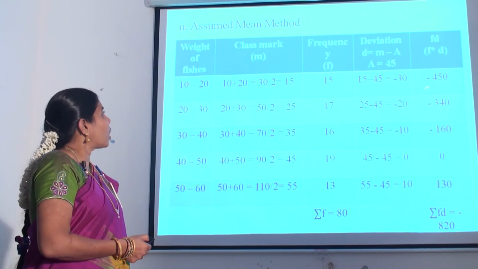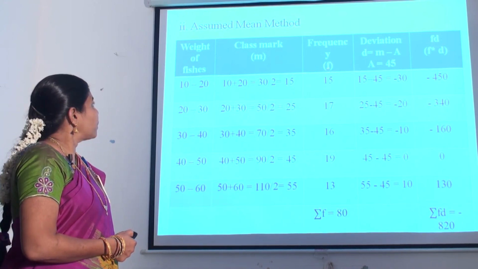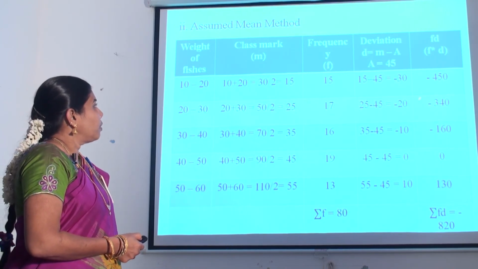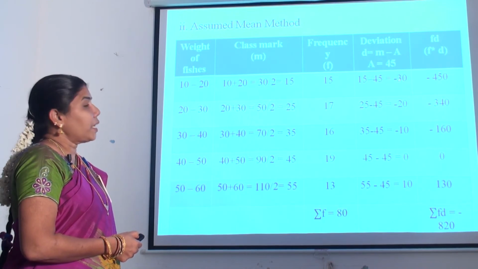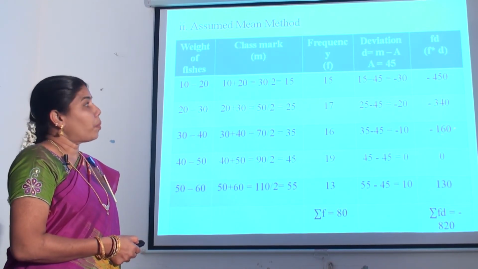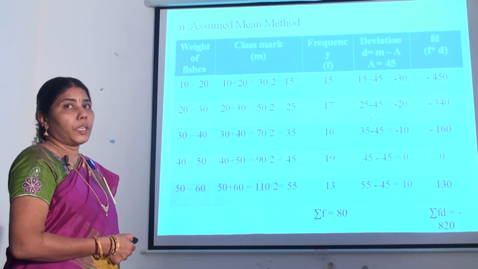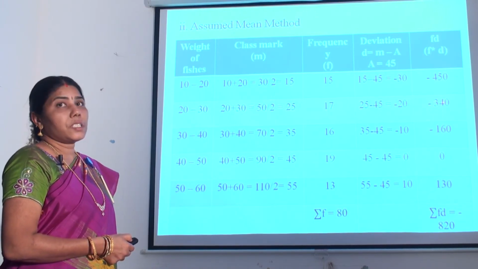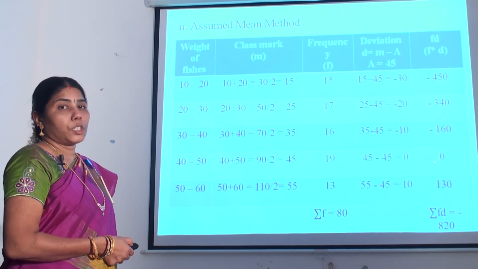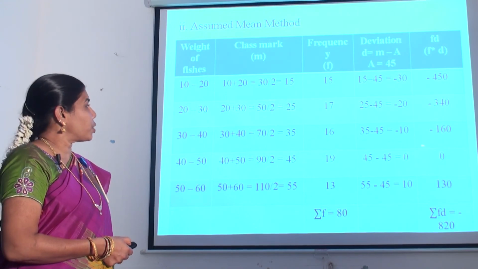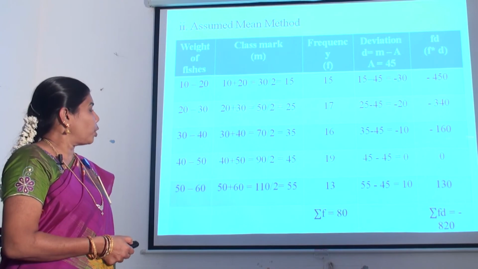So next, in the last column we have to calculate FD, that is F is multiplied with D. We get FD. So 15 multiplied with minus 30 is equal to minus 450. 17 multiplied with minus 20 is equal to minus 340. 16 multiplied with minus 10 is equal to minus 160. 19 multiplied with 0 is equal to 0.